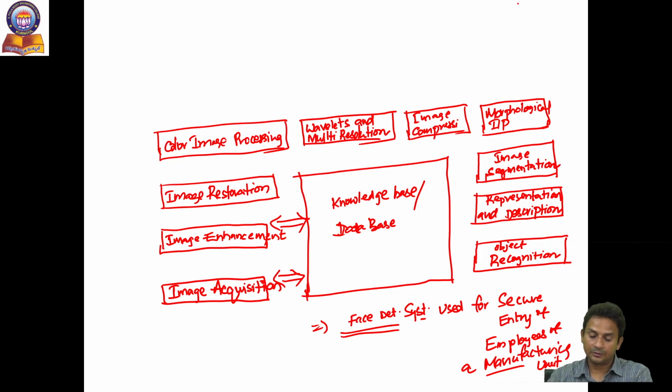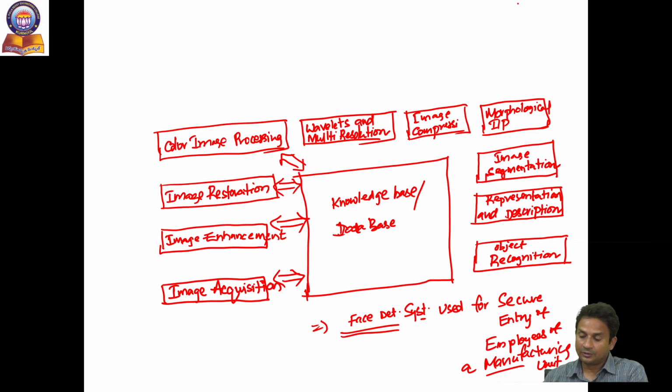So for image enhancement or even image restoration, if it is a dark image, we'll apply image enhancement to get a high contrast image. If it is a blurred or noisy image, we will apply image restoration techniques. And if the system allows color image processing, we'll capture the color images and apply all the image enhancement algorithms on the color image itself, right?